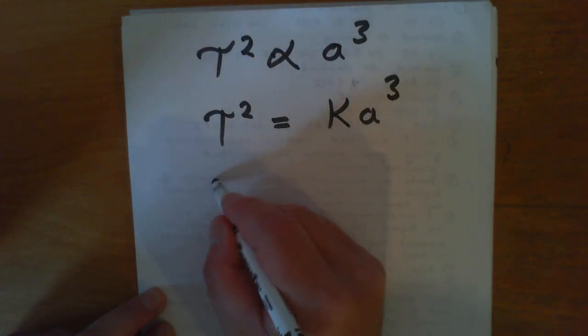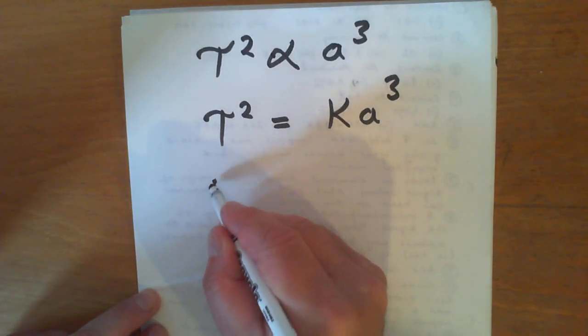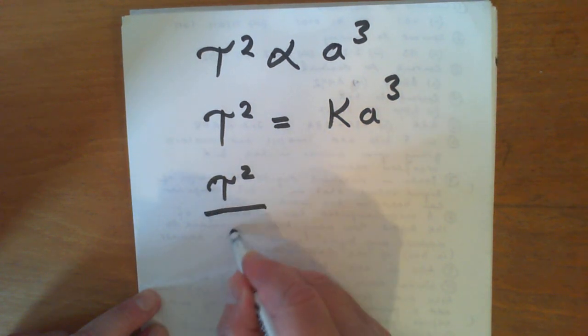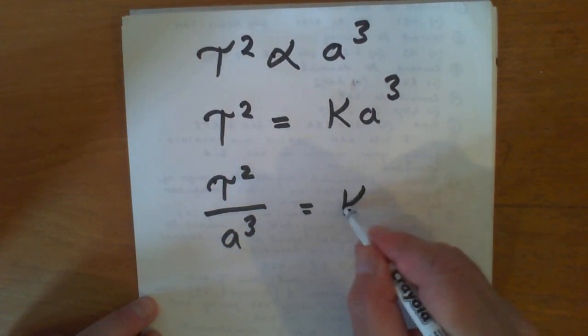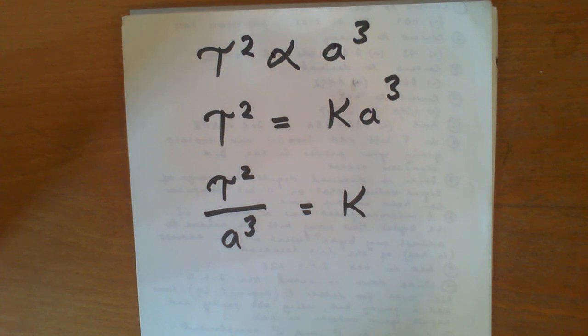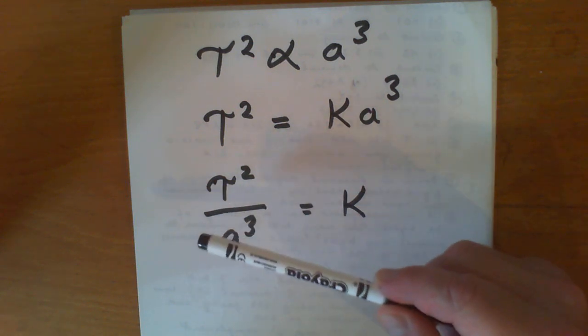And if we do a bit of algebra, T squared over A cubed equals K. What that is saying is that the ratio, the time for one orbit squared over the semi-major axis cubed, is a constant for all objects orbiting the Sun. We're starting off talking about objects orbiting the Sun, so this ratio will be identical for all objects orbiting the Sun.